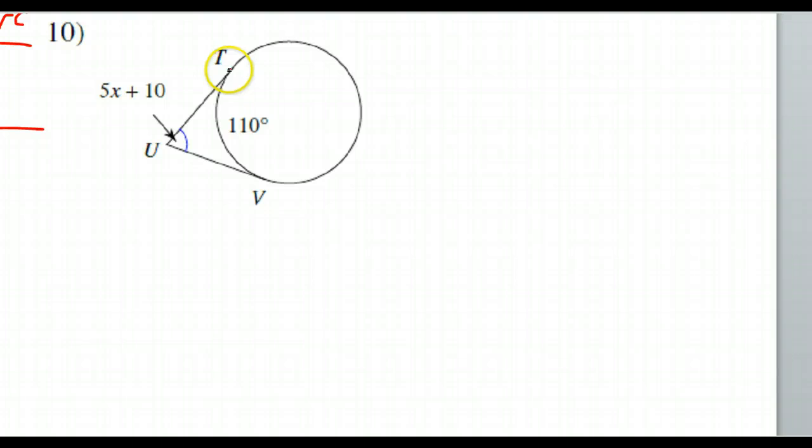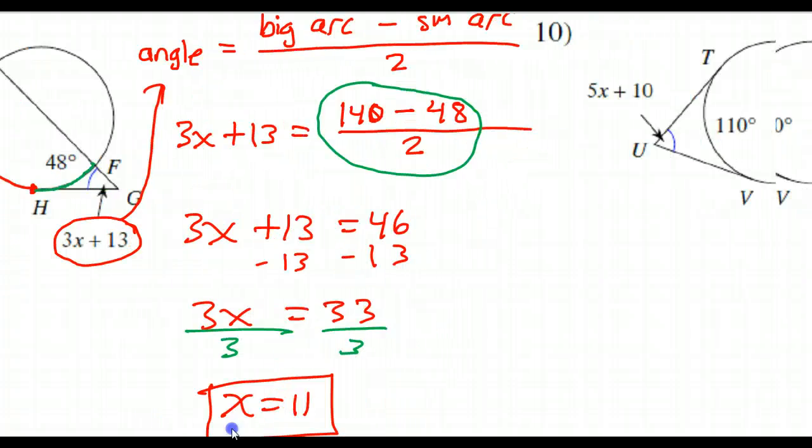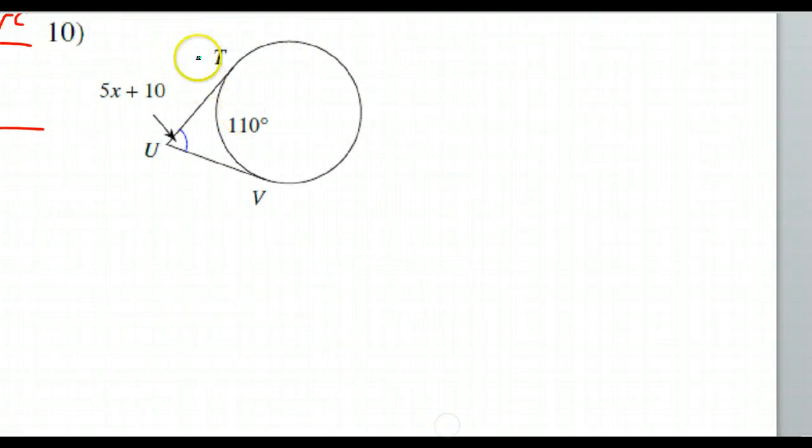Alright, looking at number 10, again it has the expression, but I think it's going to be almost identical to the one we just did. And this is the last problem. Yay! So again, one arc changes to another at the point of tangency, so there are the points of tangency. So the big arc is this, going the long way around.